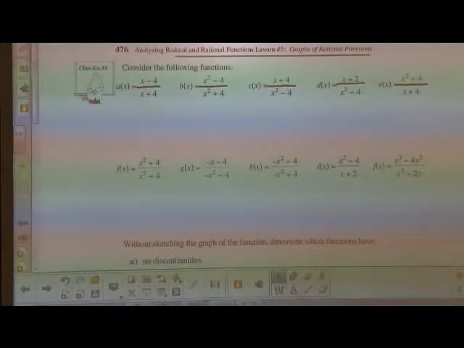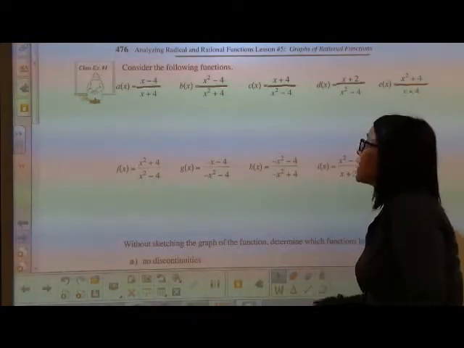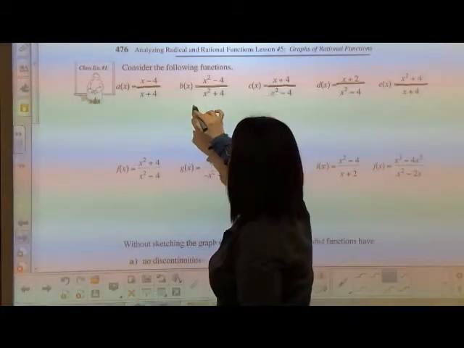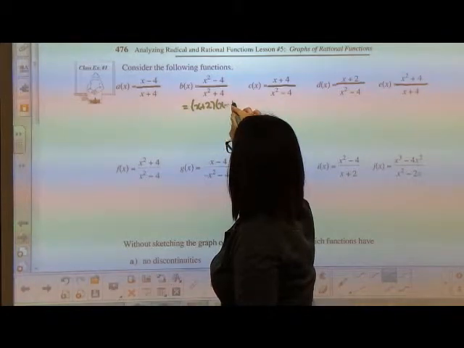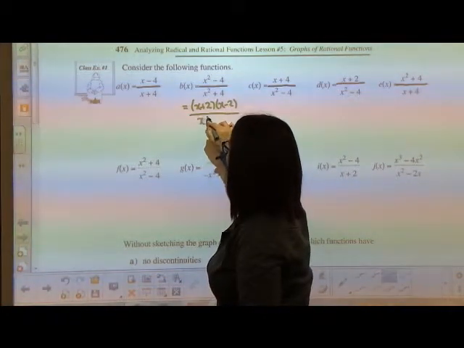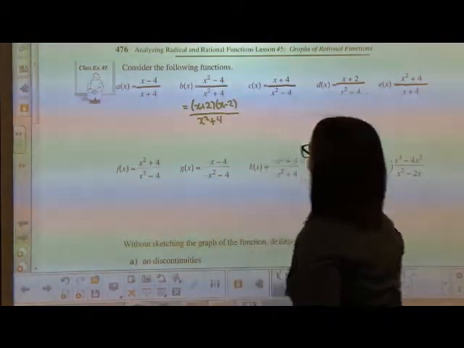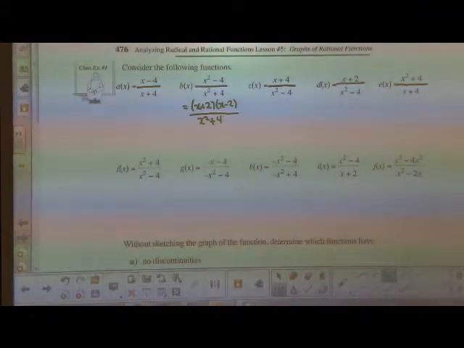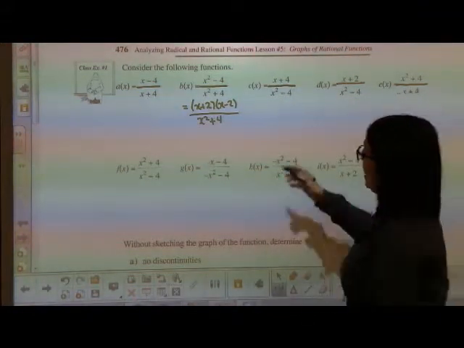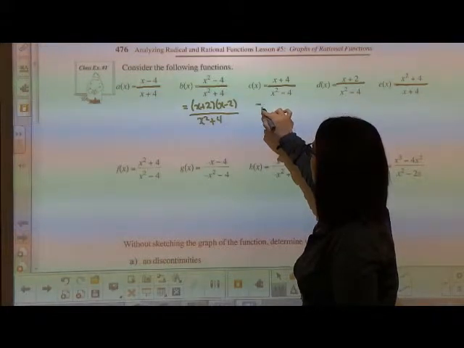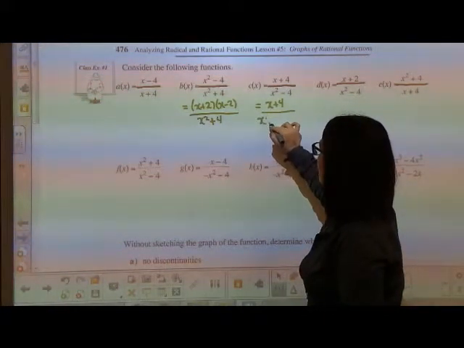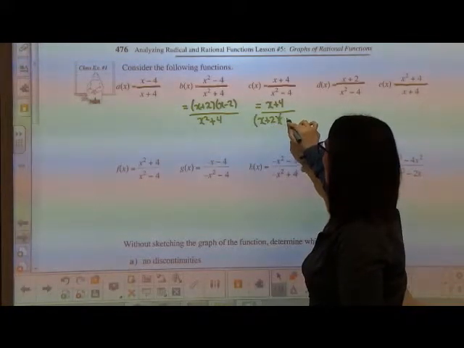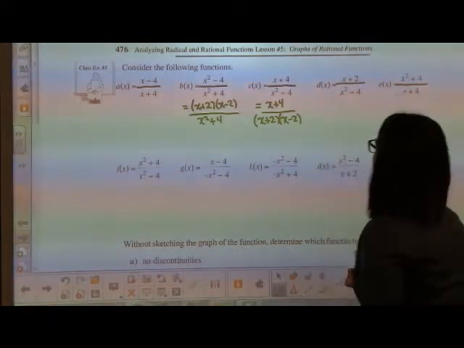Okay, so if I look at A, it cannot be factored. If I look at B, I can factor the top because it's a difference of squares, but it doesn't allow me to cancel anything with the numerator or with the denominator. If I look at C of x, I can factor the bottom, but it doesn't allow me to cancel out any common factors.